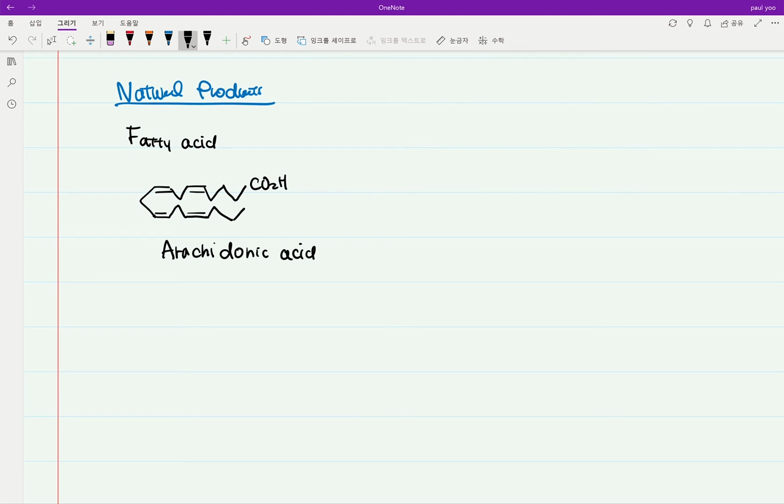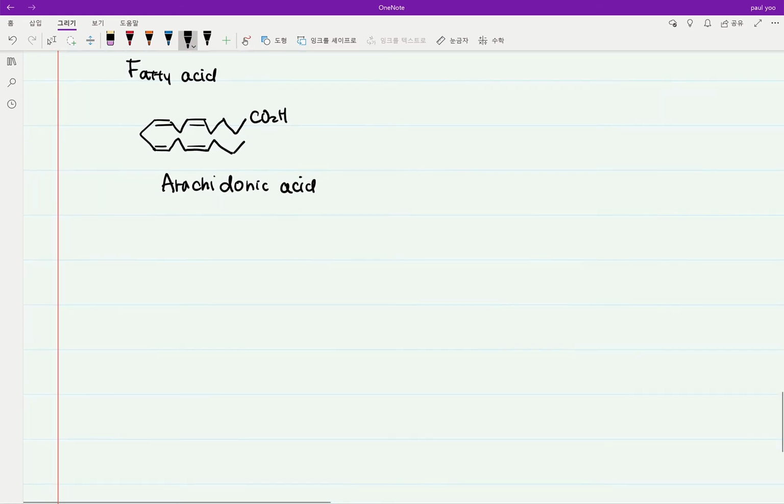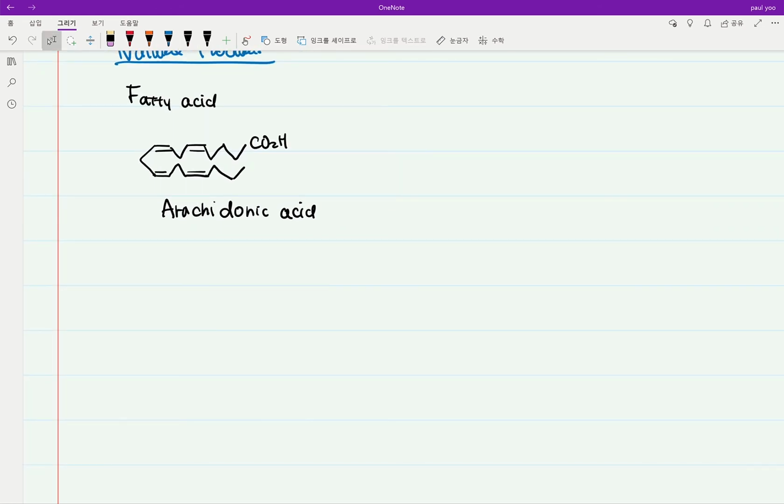It's a precursor to prostaglandins or leukotrienes. Its derivatives influence pathways. So fatty acid is one of them.